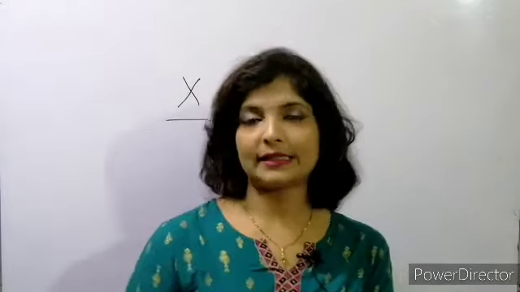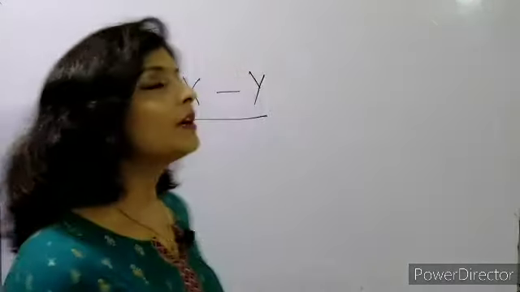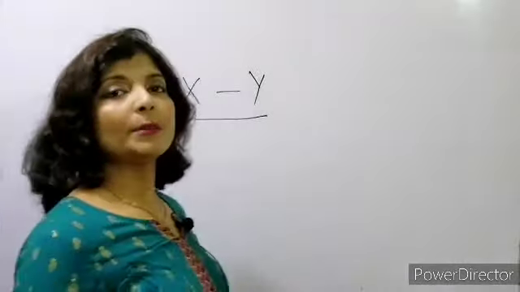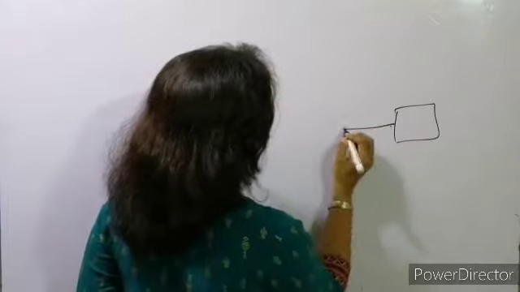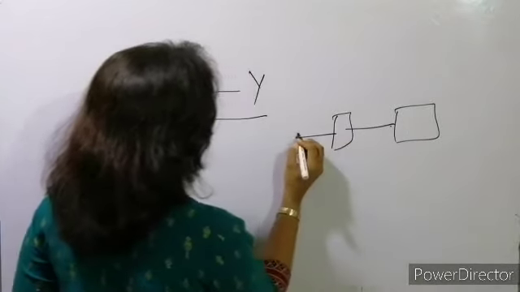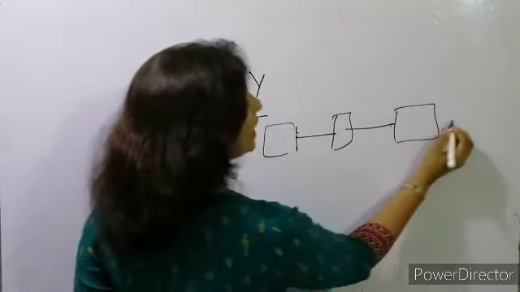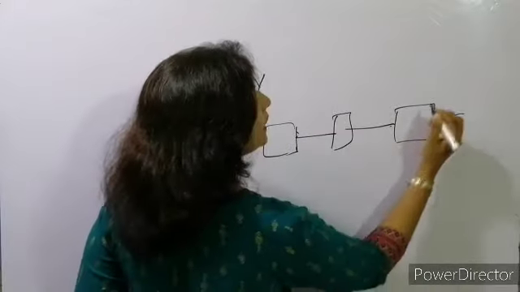For designing an n-bit subtractor, the first method is to use n full subtractors and connect them in series, creating a borrow ripple subtractor. Like there is a full subtractor, another full subtractor, another full subtractor. So borrow is there.